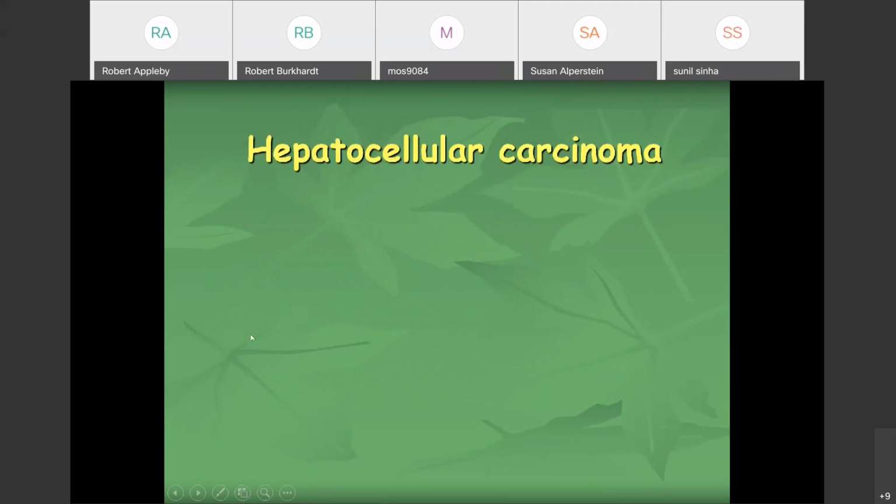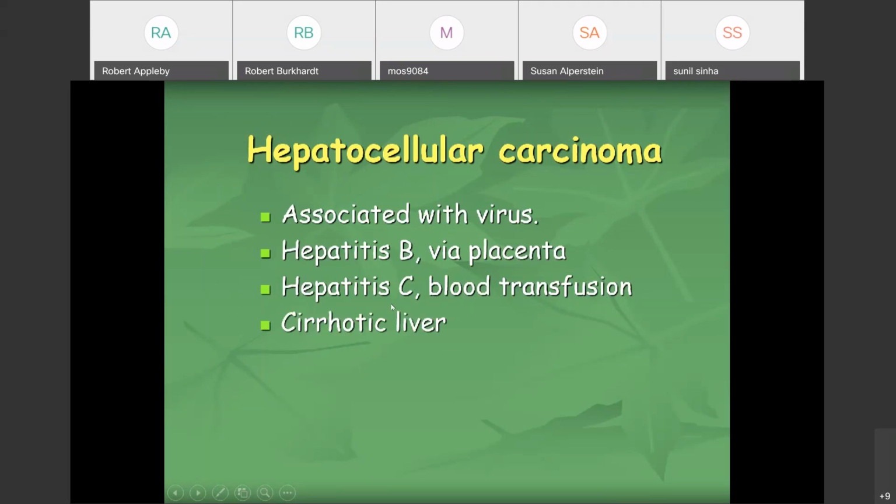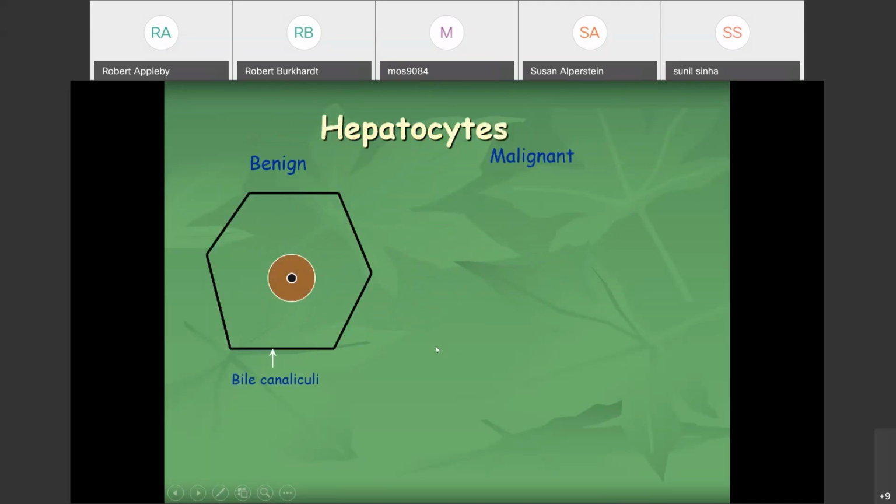And now, hepatocellular carcinoma, associated with hepatitis virus B from placenta from mother to baby, hepatitis C from blood transfusion, and usually have cirrhotic liver.